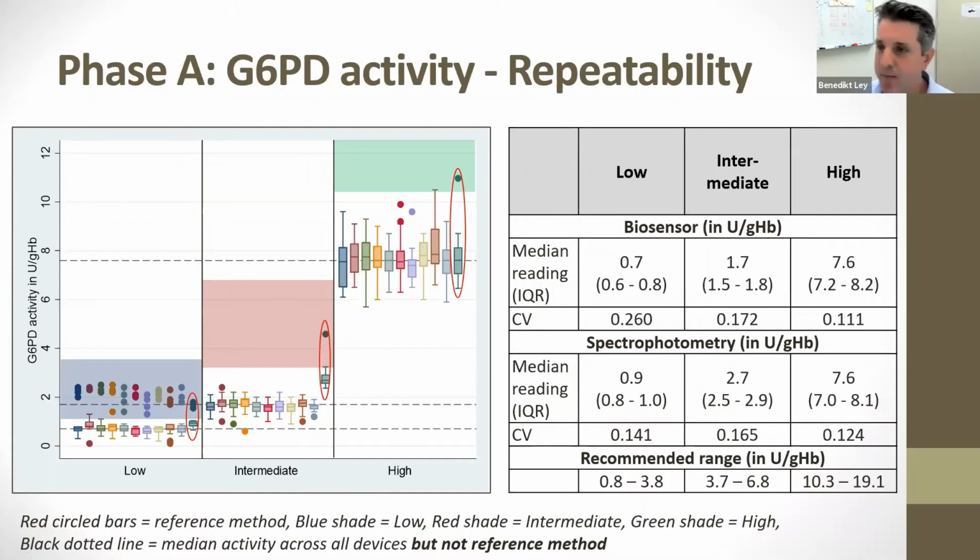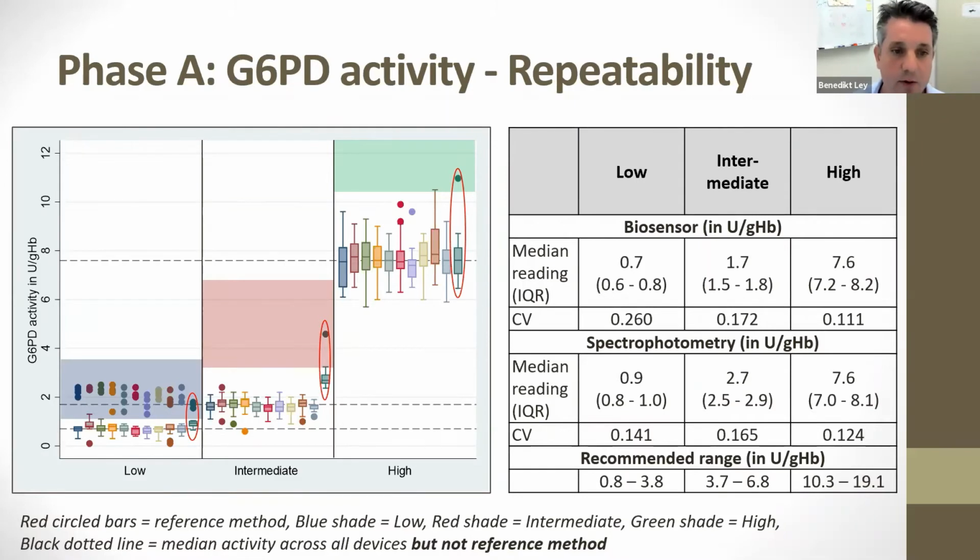And finally, we were interested in the repeatability of the biosensor in phase A. So this box and whiskers plot shows the results per machine stratified per control. Blue, red, and green colored areas indicate the recommended range suggested by the controls manufacturer, ACS.